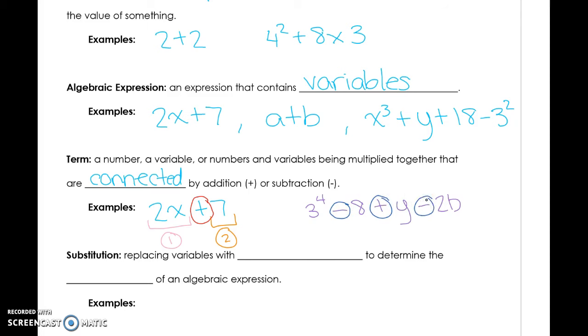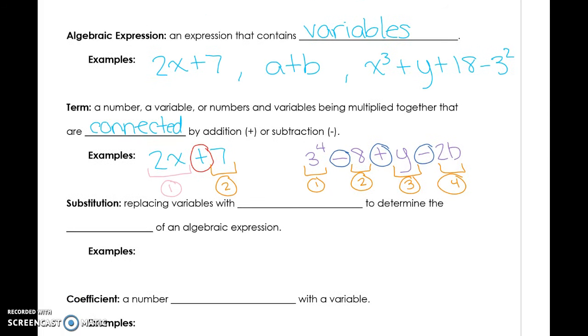So these are separating my terms. So my terms are first here, that's one term. 8 is another term. Y is a third term. And 2b is the fourth term. Okay, so again, they're separated by addition or subtraction, but they could be a number, it could be a variable, or it could be numbers and variables together.